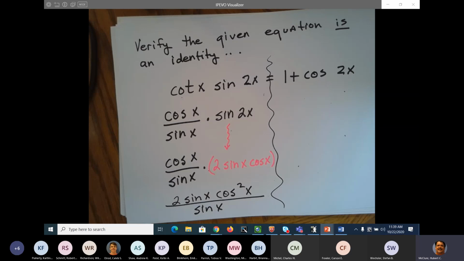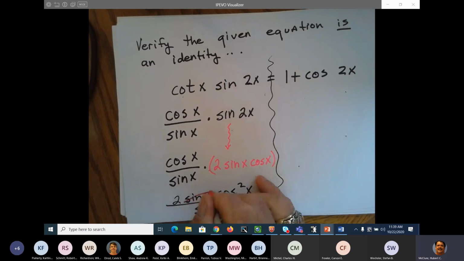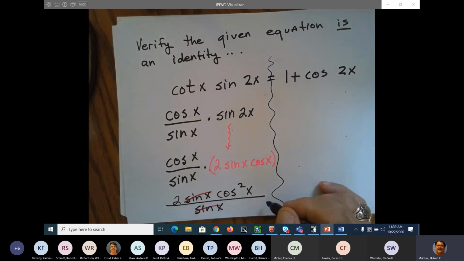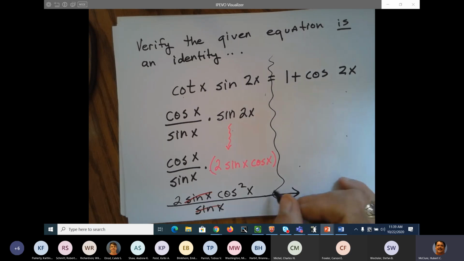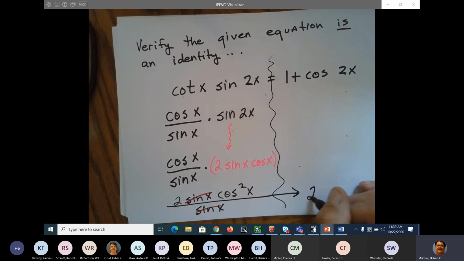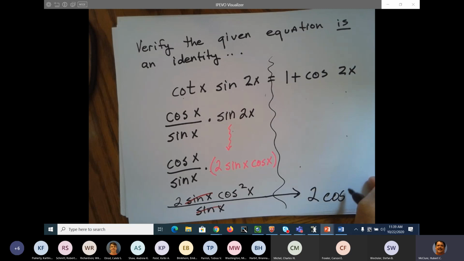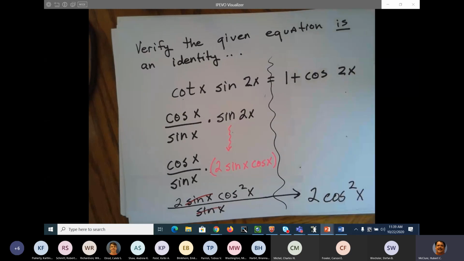And the sines cancel. And I'm left with 2 cosine squared of x. I hate to write it like this, but I'm going to go over here: 2 cosine squared of x.